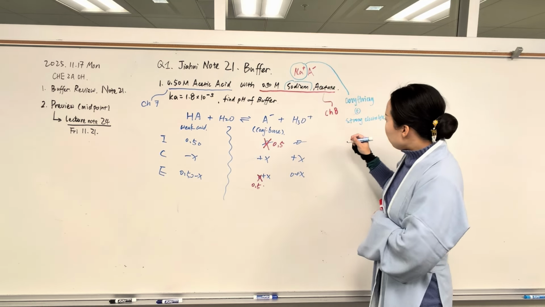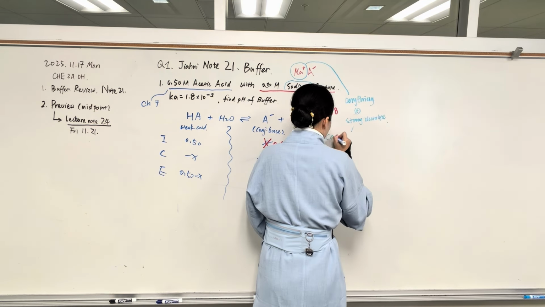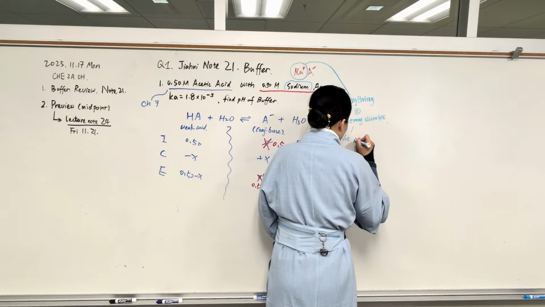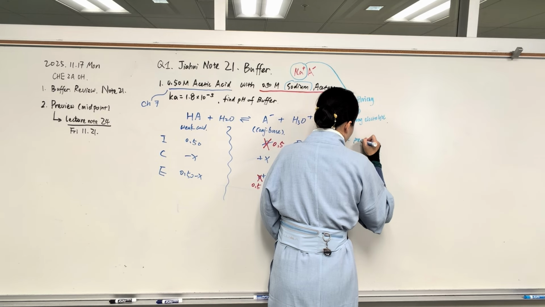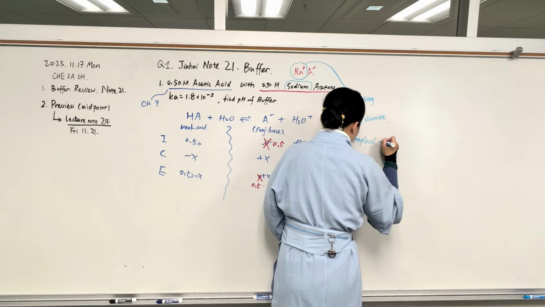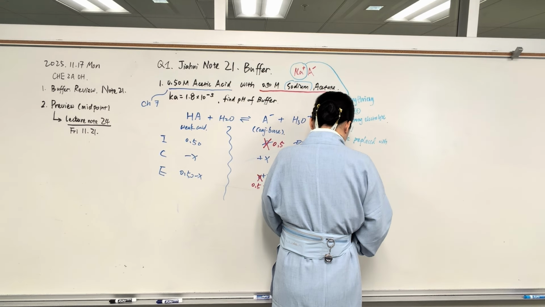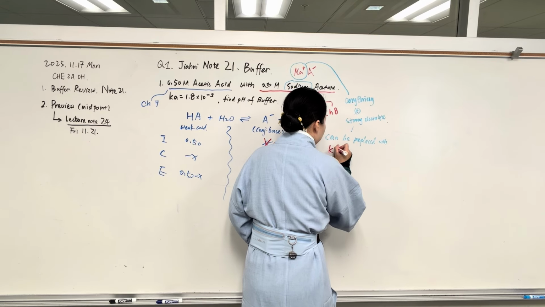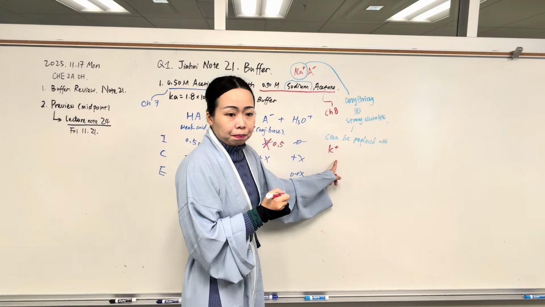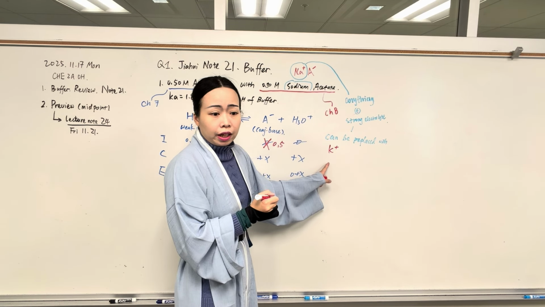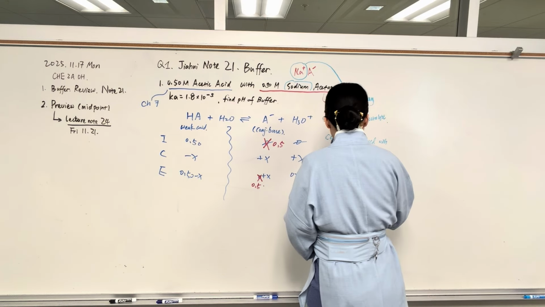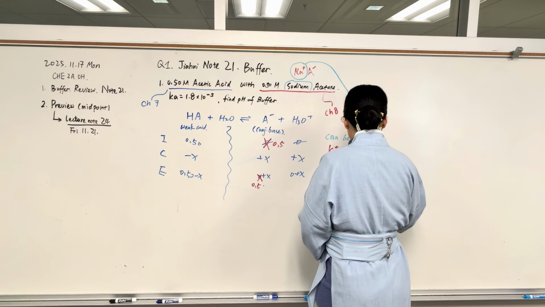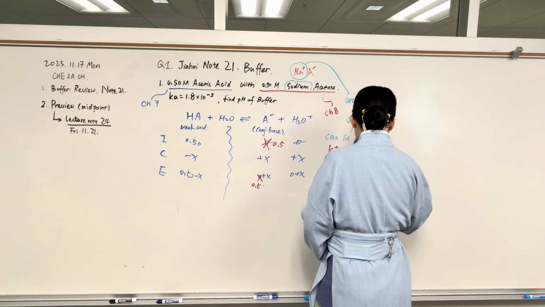Sodium plus can be replaced with potassium, because potassium is also a strong electrolyte. How do I know? Because KOH is a strong base.